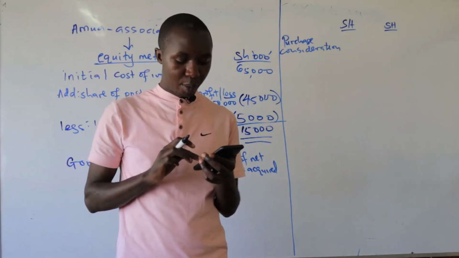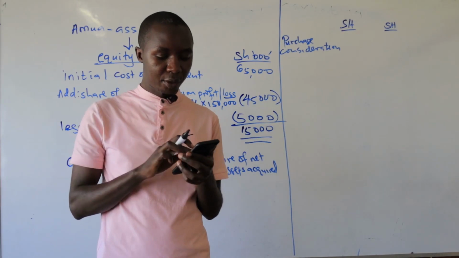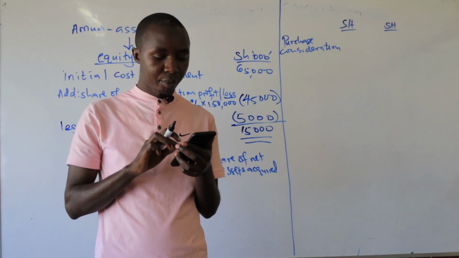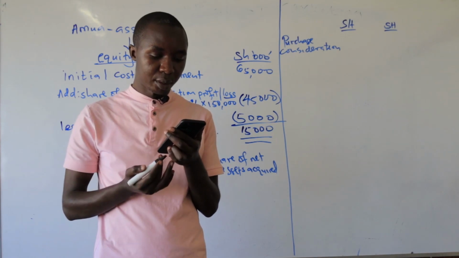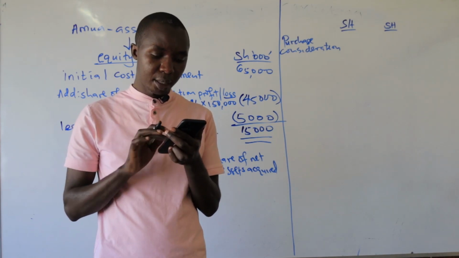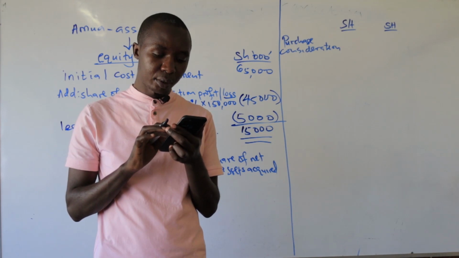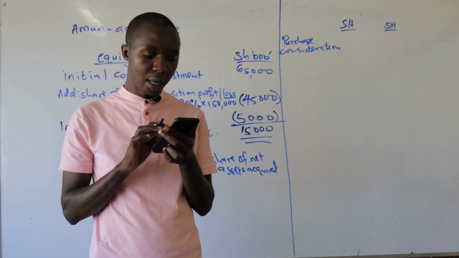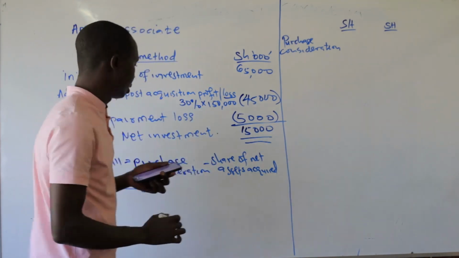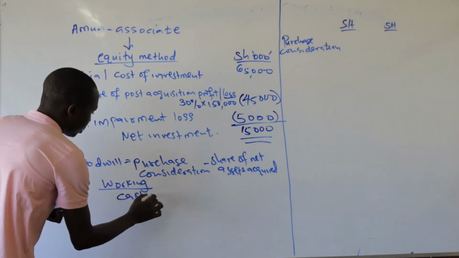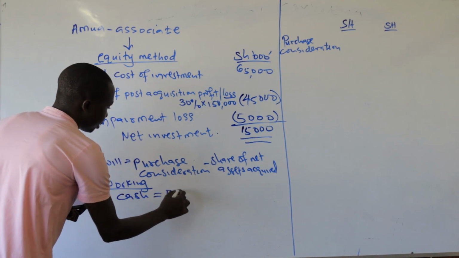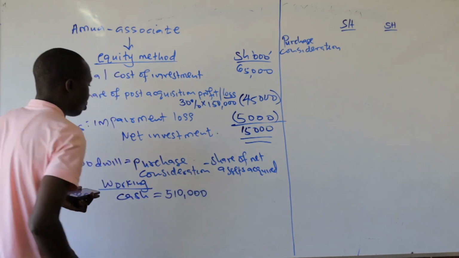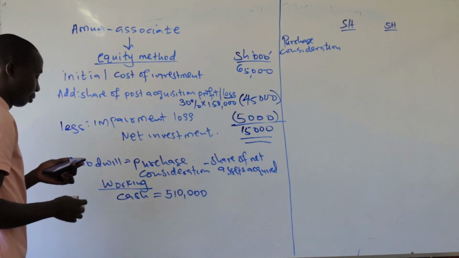But at the start of the question, there's a sentence there, they said the acquisition consideration consisted of cash amounting to 510 million, so I can say in thousands.